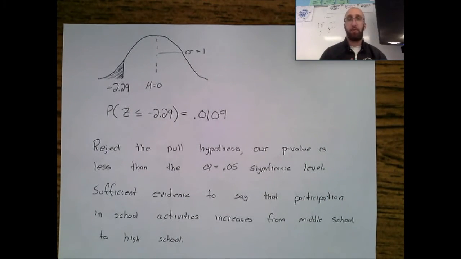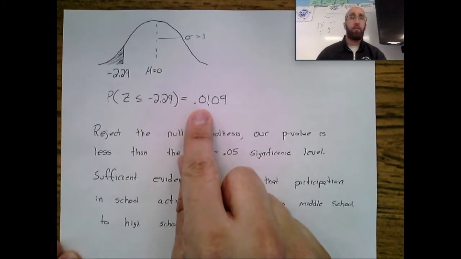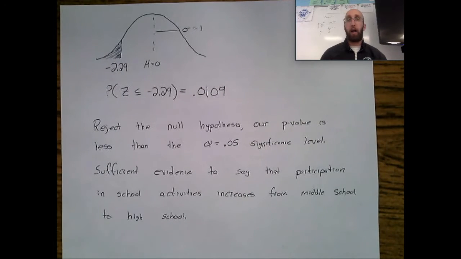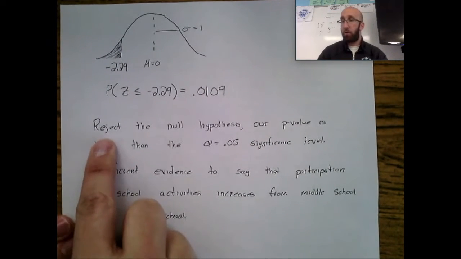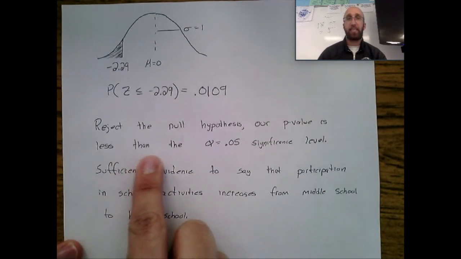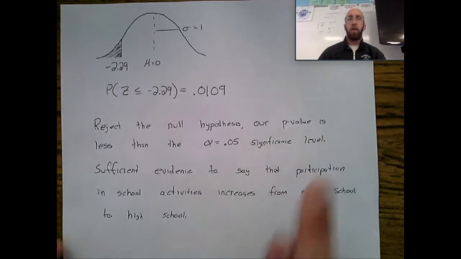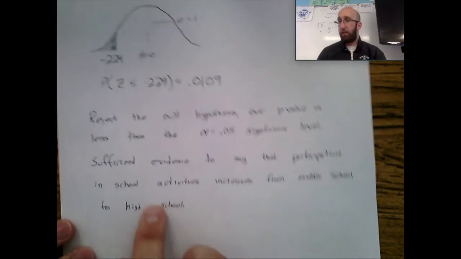That takes us to making a decision and stating the context. With our p-value of 0.0109, we had an alpha of 0.05. Since we're below that 5% cutoff, we reject the null hypothesis. Our p-value is less than the alpha equals 0.05 significance level. Because we're rejecting the null hypothesis, we have enough for the alternative.